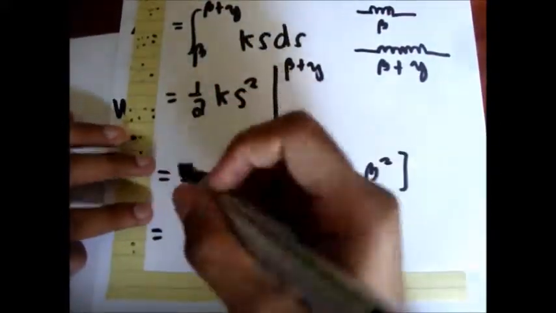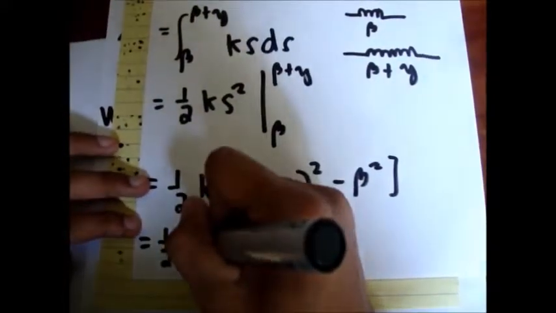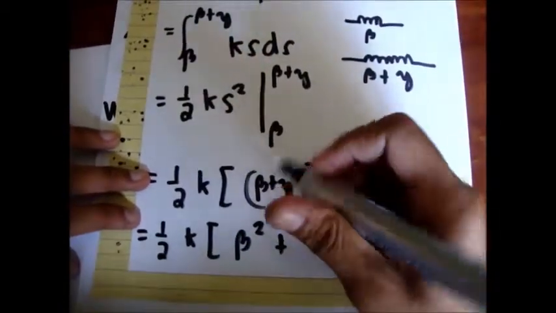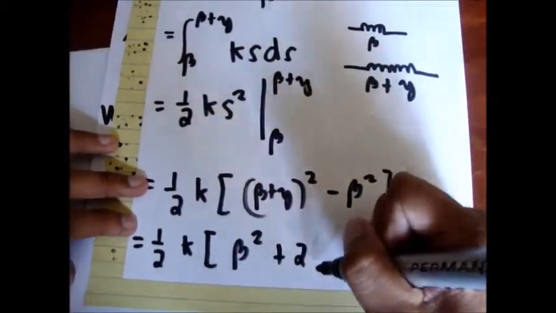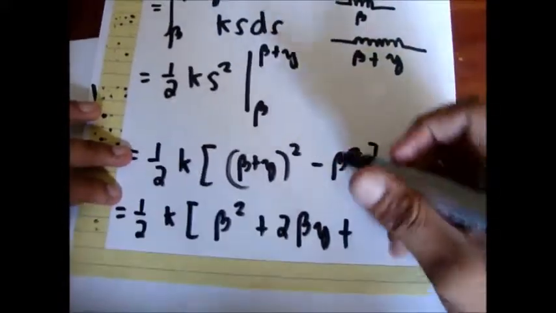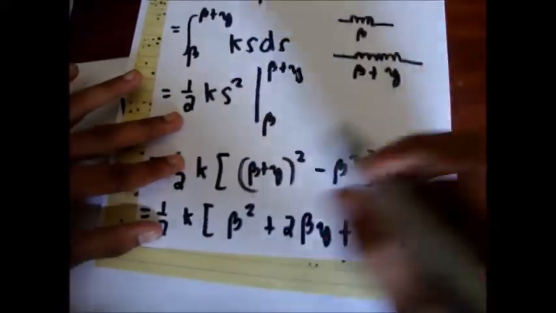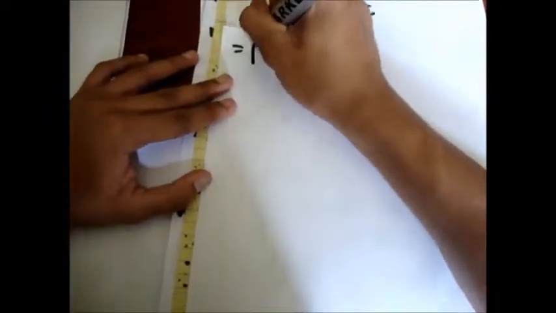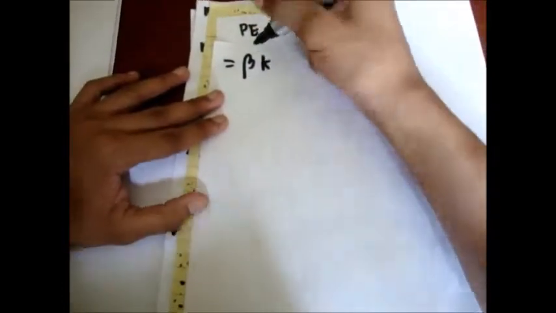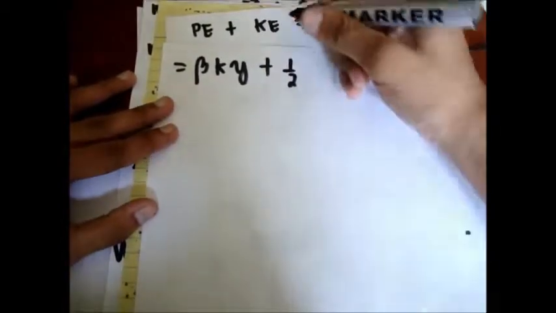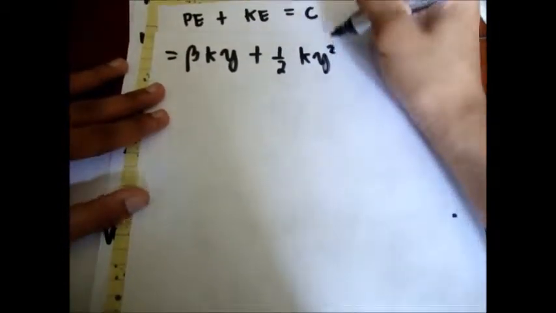Simplifying further, we get 1/2 k quantity beta squared plus 2 beta y plus y squared minus beta squared. The beta squared terms cancel, so our PE2 is equal to beta ky plus 1/2 ky squared.